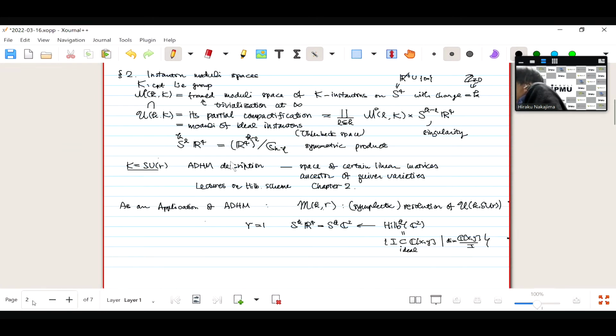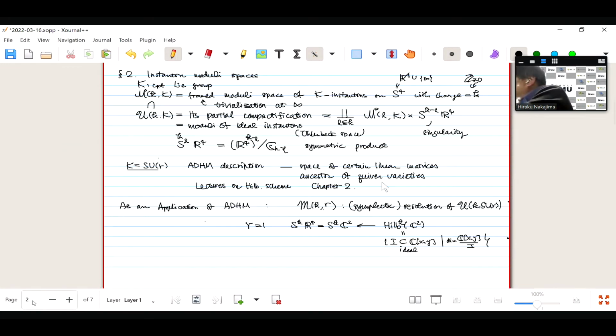So first of all, the Uhlenbeck space as a partial compactification of instanton moduli space doesn't make sense. But if you look at this description of partial compactification, if you interpret all this M0(L,K) to be a trivial space, empty except for L equals 0, then only this symmetric power part remains, right?